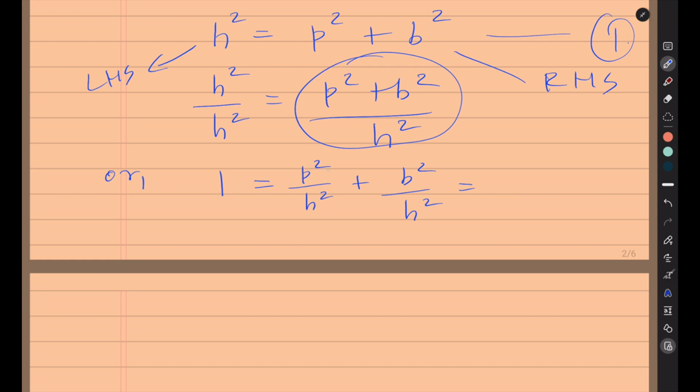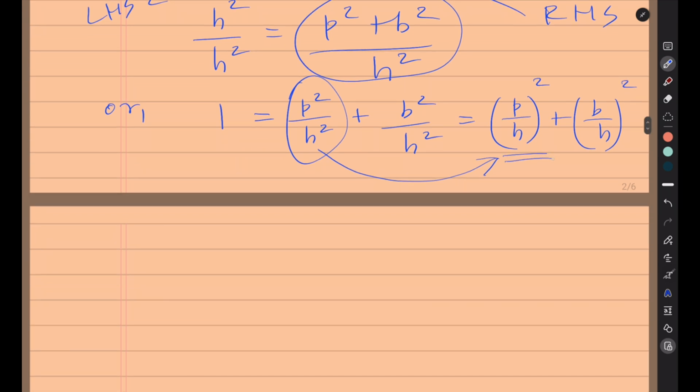And then by the law of exponents, we can write that p square divided by h square is nothing but p divided by h whole squared. And similarly this one.